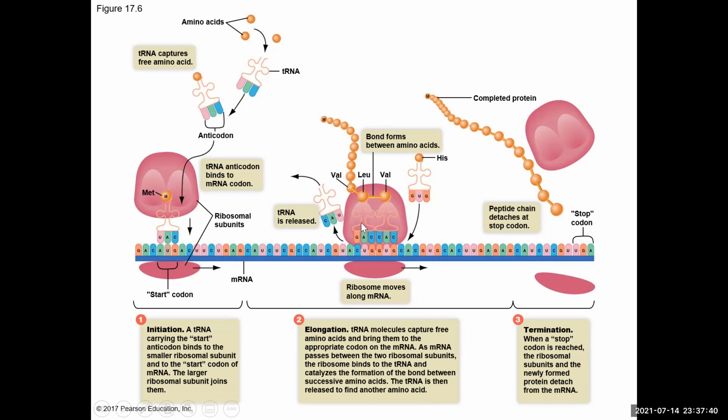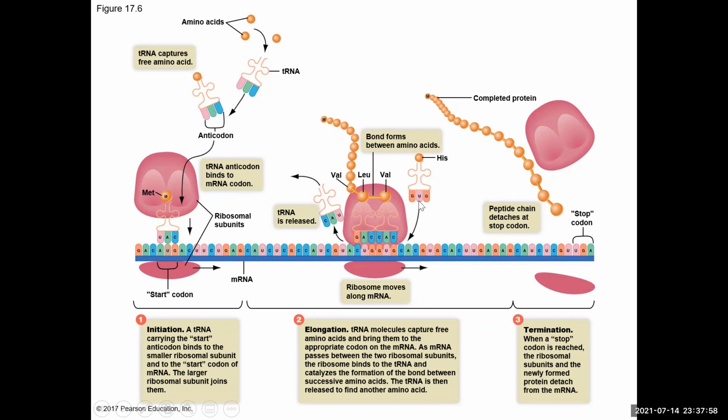So you have the first tRNA molecule at the first binding site. Then a new tRNA molecule will bring in the amino acid associated with the next codon. So you have a CUG codon, then you have the GUG codon.